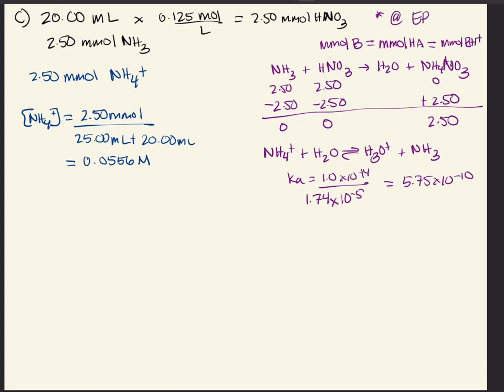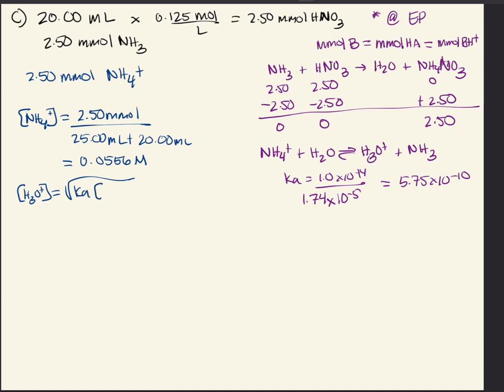So this is similar to a weak acid situation. So the concentration of my hydronium ion is going to be equal to the square root of the Ka times the concentration of my conjugate acid. So when I plug my values in for this, we'll get 5.75 times 10 to the negative 10 multiplied by the concentration that I just calculated.